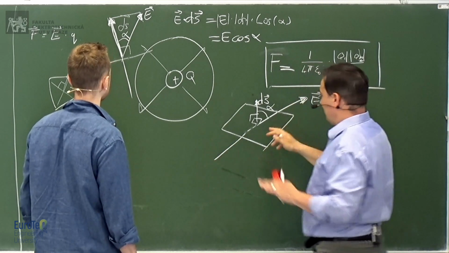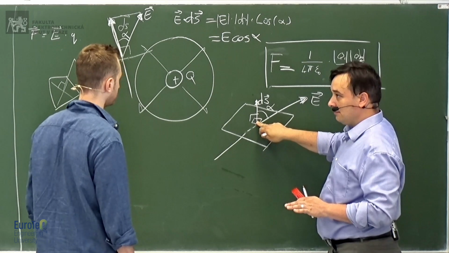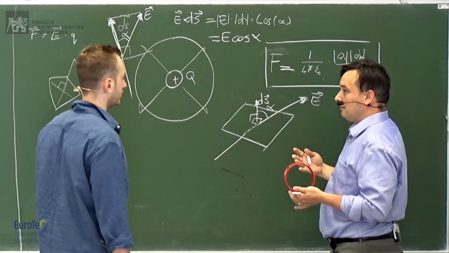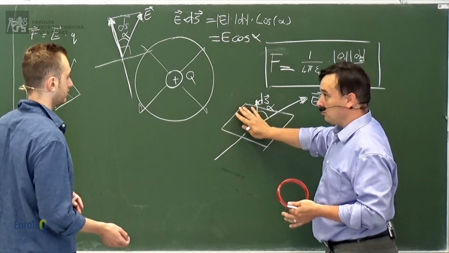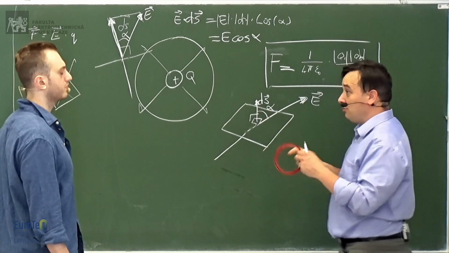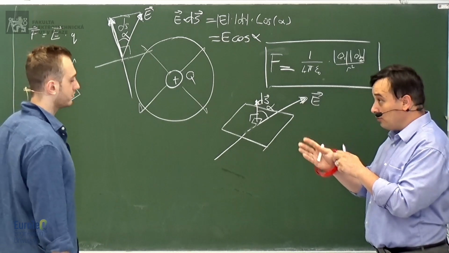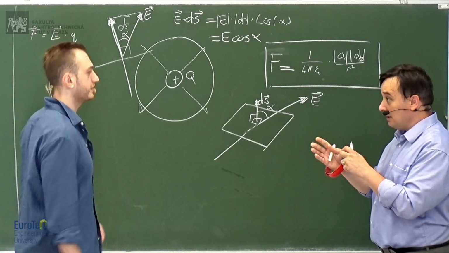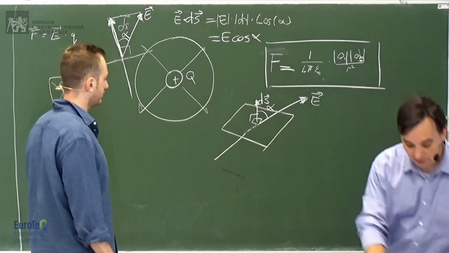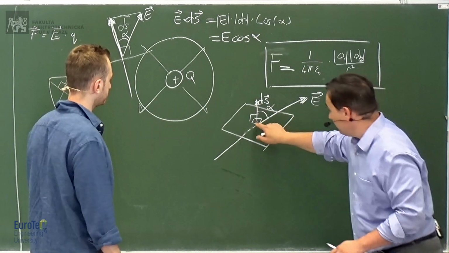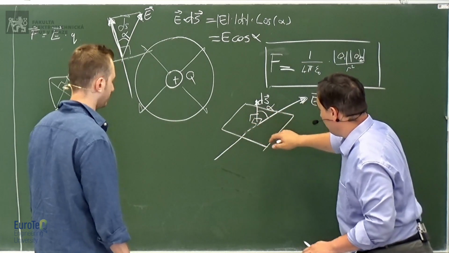Now, this is for one point. If you want the flux, flux means that you want all the contribution of the electric field through the surface. You need to integrate over that surface, doing it for all the single points of the surface.